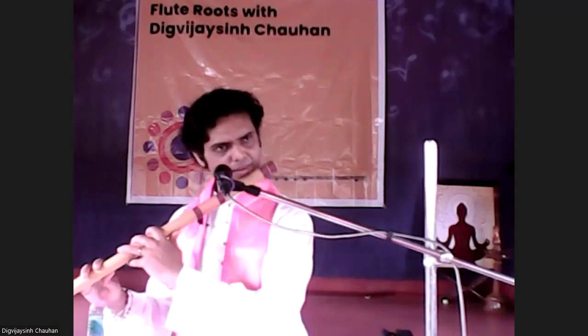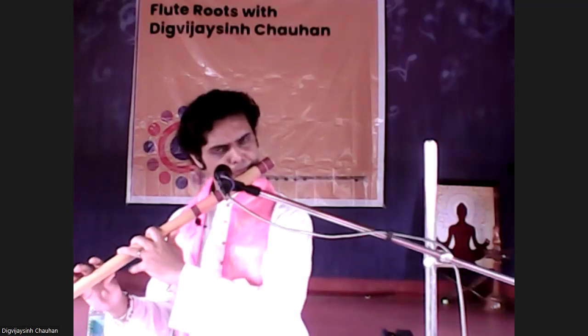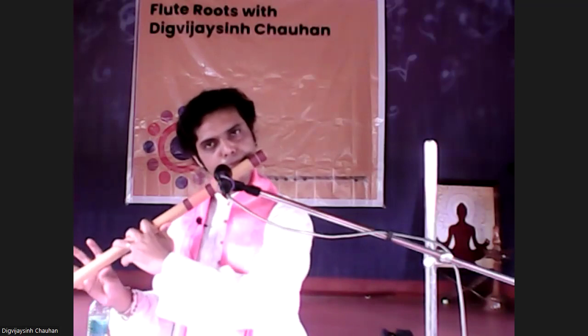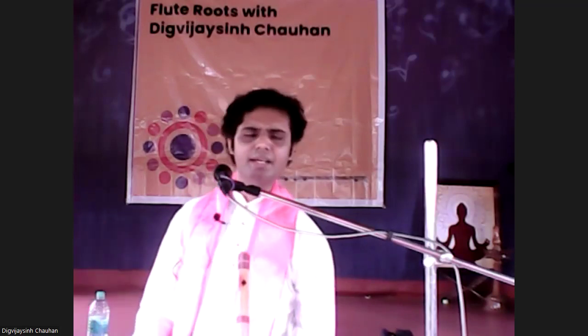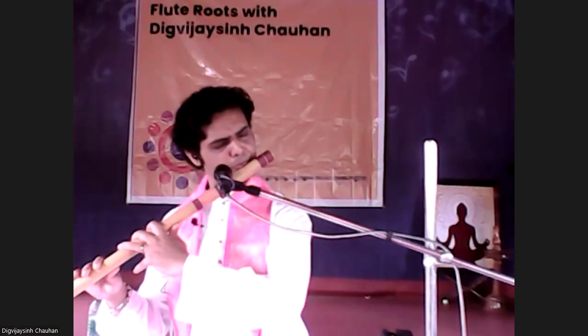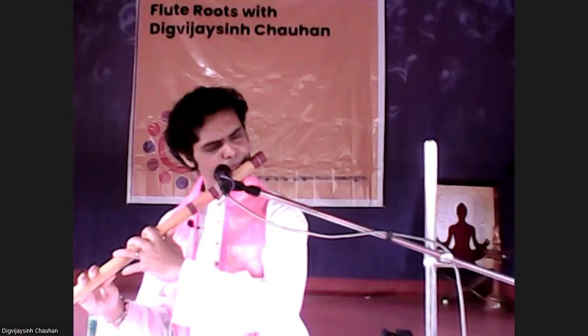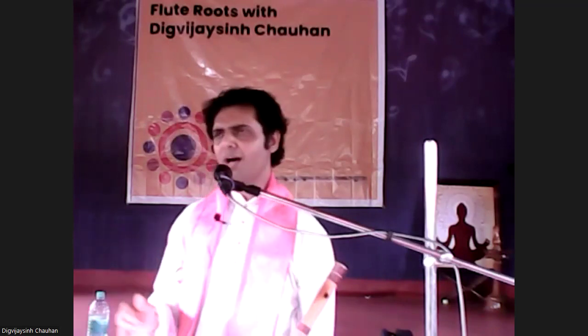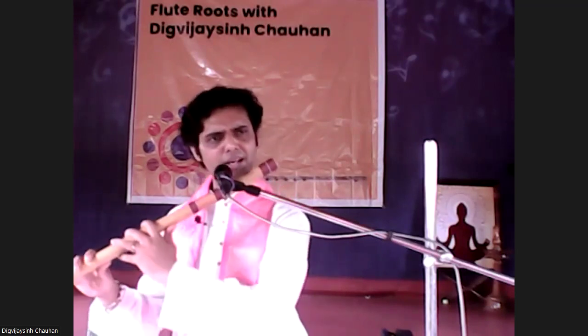Sa re ga ga re re sa sa dha pa dha sa re ga re sa. Ga ga re re sa sa dha pa dha sa re ga. Dha pa dha sa re ga.